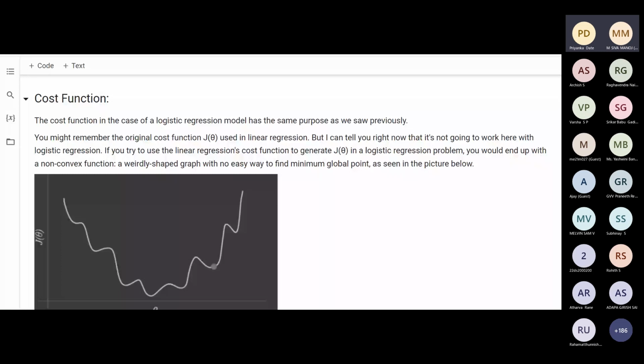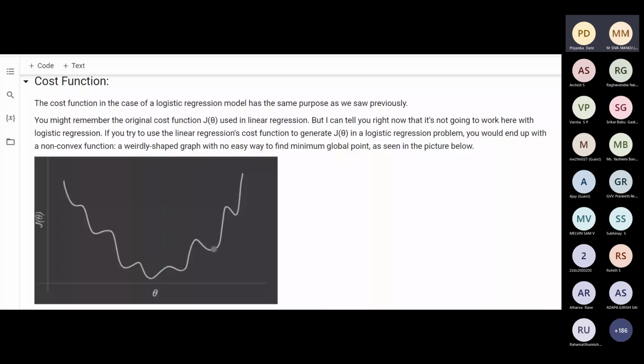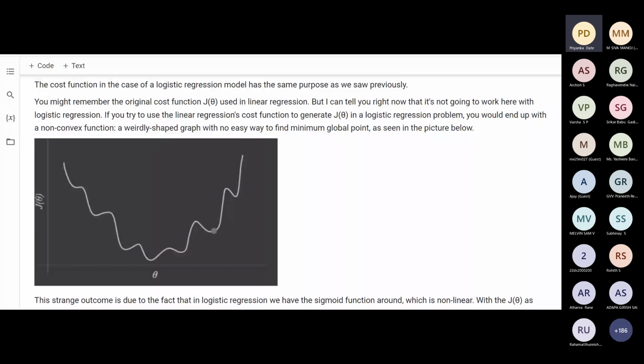Once we use the mean square error method on this, we get a non-convex graph, which, as you can see here, is weirdly shaped with multiple minima. The model is not able to figure out which is the global minimum, so it might get stuck in a local minimum and cannot come out of it. We can't train it to the best possible model because it cannot tell whether it's in a local minimum or a global minimum.